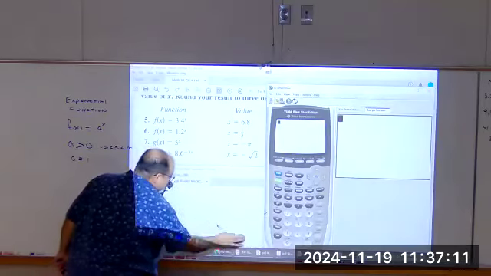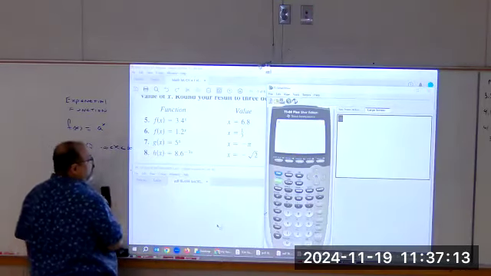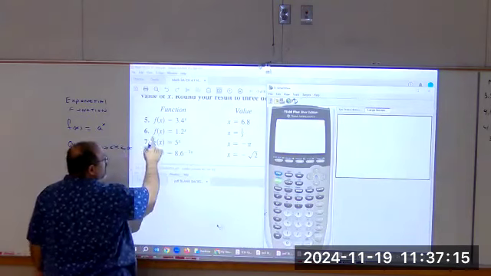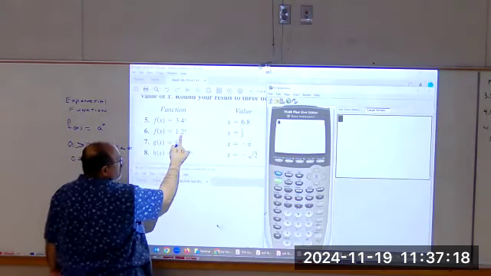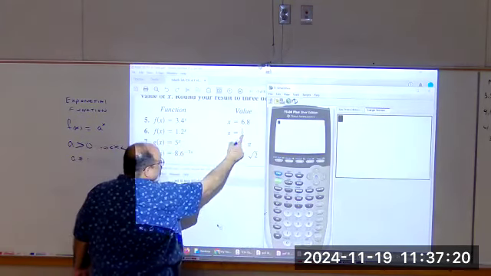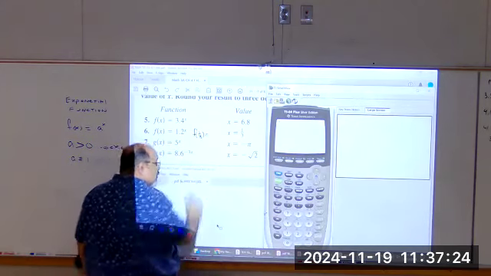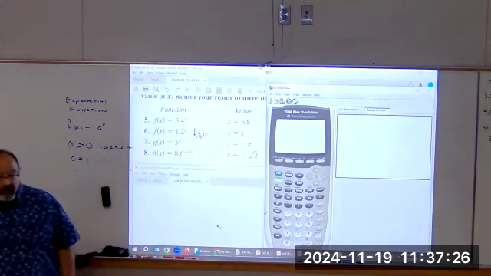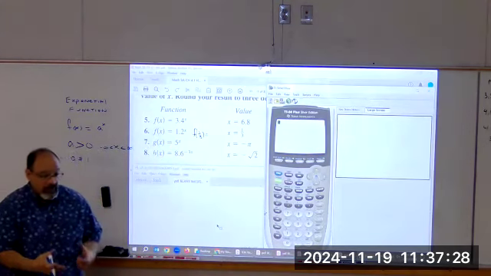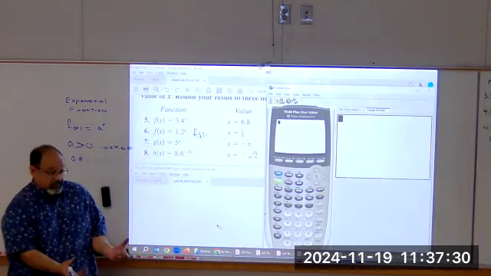So on number 6, don't just go straight to the calculator. Write this out. f of x is 1.2 to the x. We want to plug in 1/3. We want f of 1/3. Remember your chapter 1 test. And I said, listen, all you had to do is plug this stuff into the function.